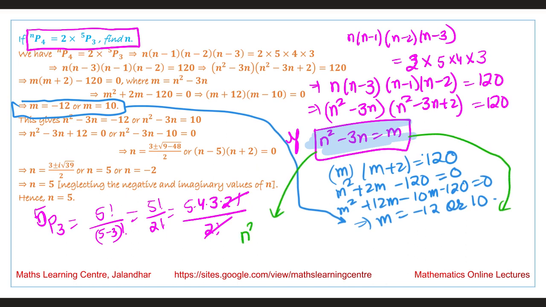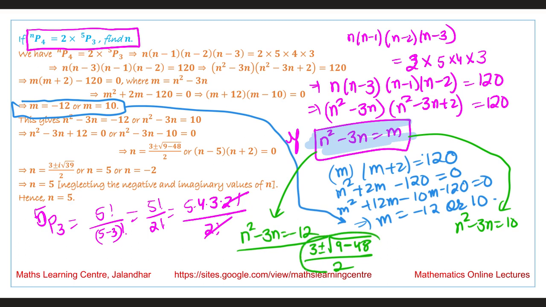One is n square minus 3n is equal to minus 12 and the other is n square minus 3n is equal to 10. When we solve the first equation, we obtain the values of n as minus b plus minus square root of b square minus 4ac upon 2a. These values are imaginary, and we are not interested in imaginary values of n.